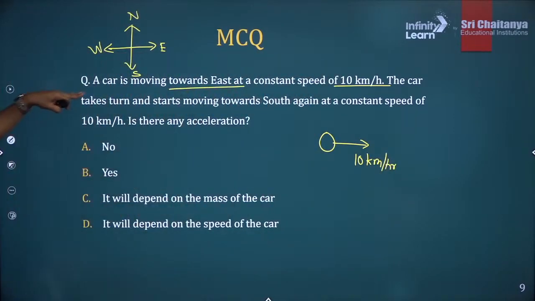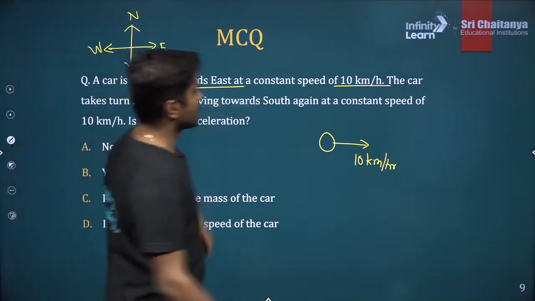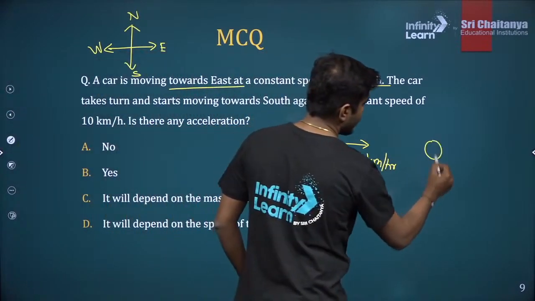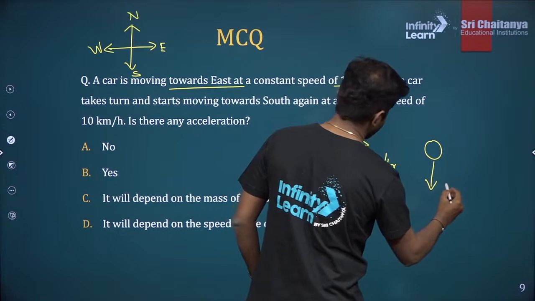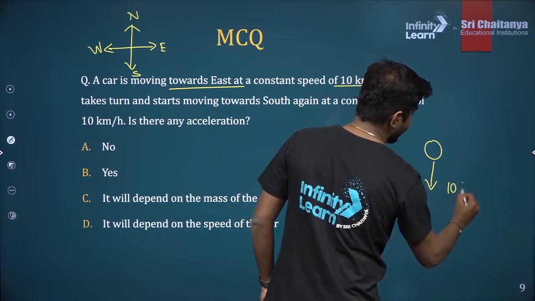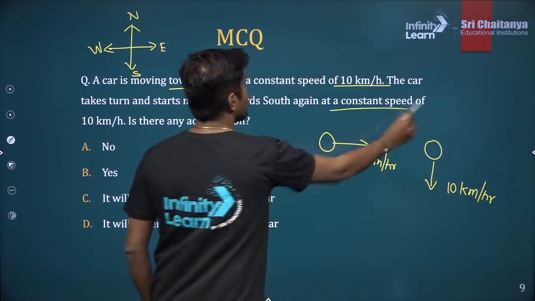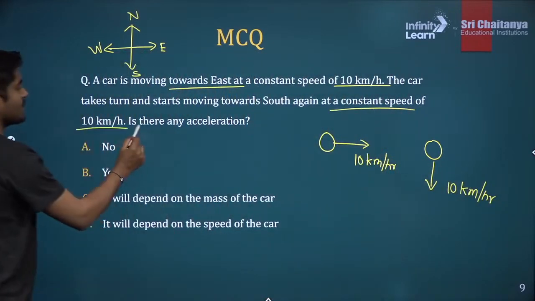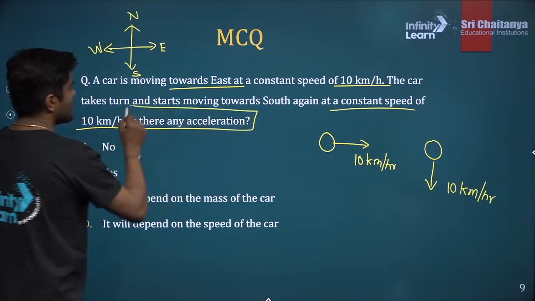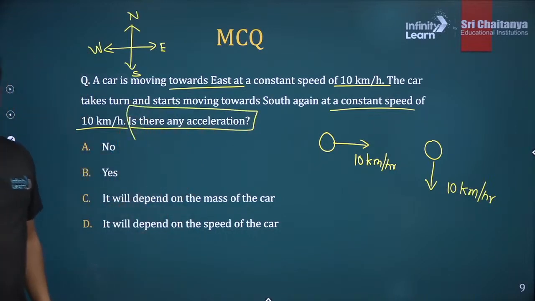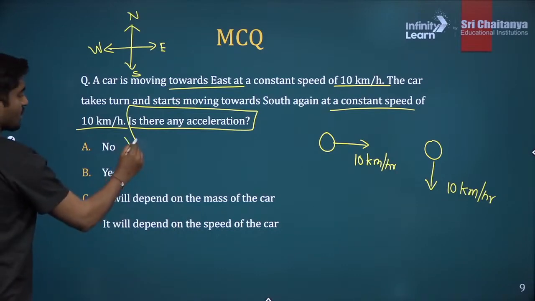The car takes a turn, and starts moving towards south. Now this car started moving towards south, and what is the speed? Again 10 kilometers per hour, a constant speed. So is there any acceleration? What do you think? No? So you feel that there is no acceleration. That is wrong.